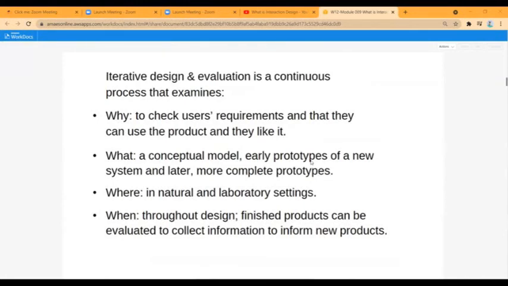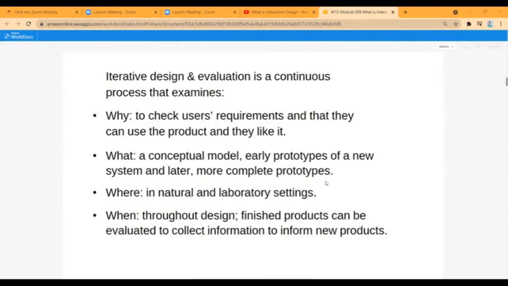What: a conceptual model, early prototypes of a new system and later more complete prototypes. Where: in natural and laboratory settings. When: throughout a design; finished products can be evaluated to collect information to inform new products.